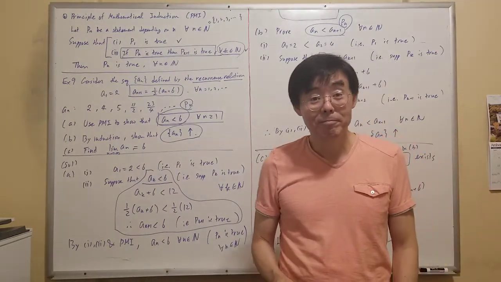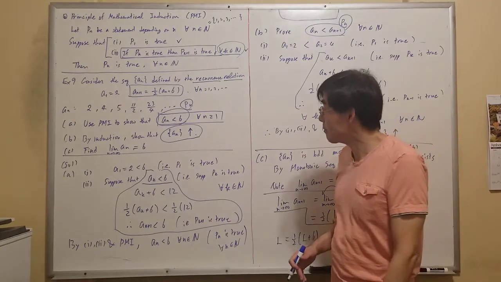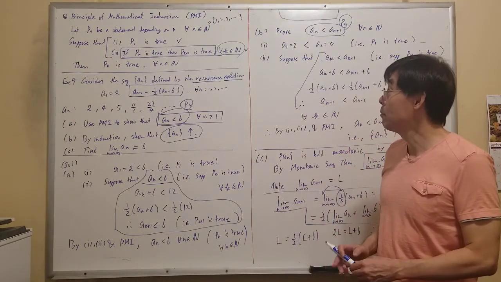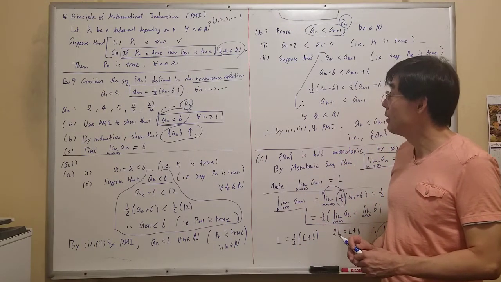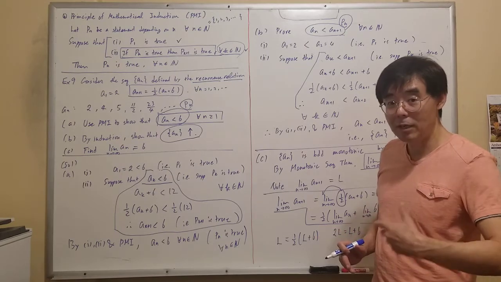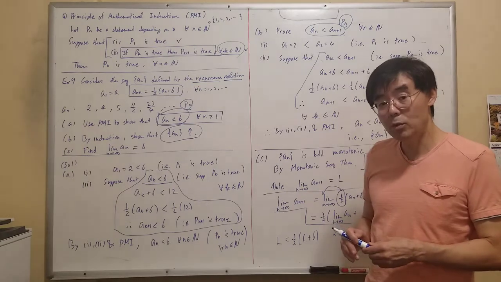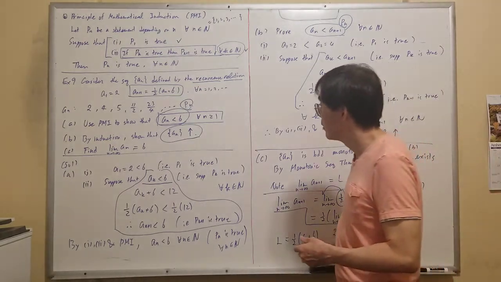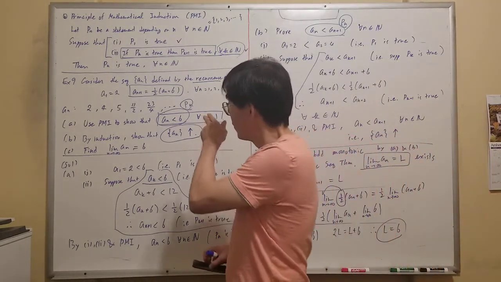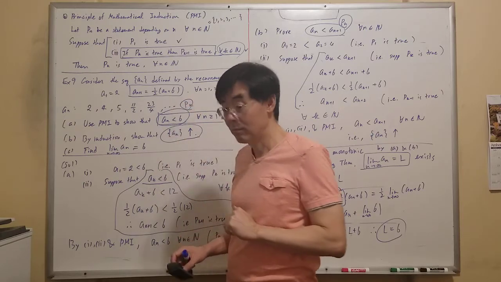All right, that was an interesting application of PMI. PMI is very useful in a lot of proofs involving sequences and series when they are given a recurrence relation.